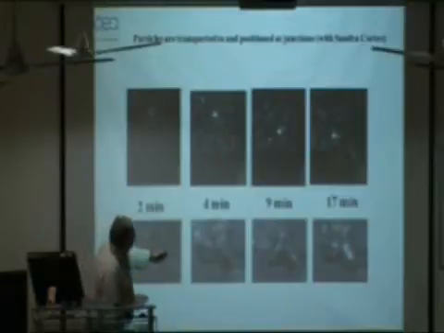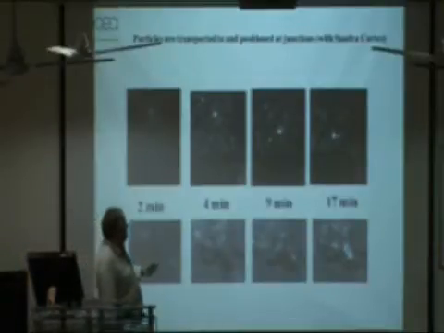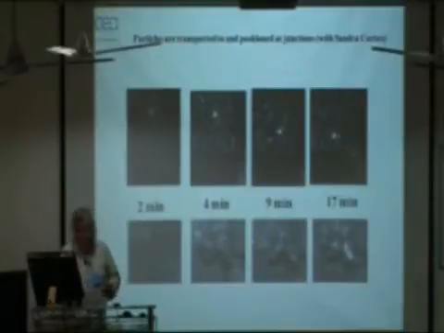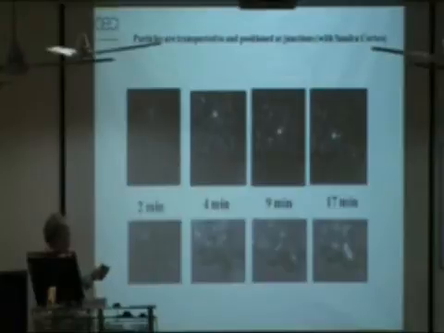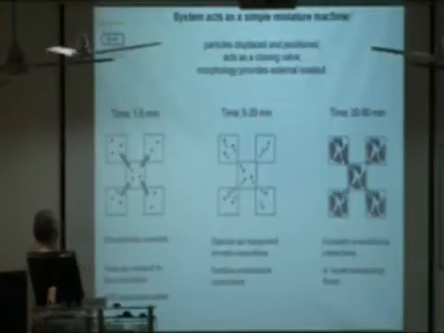If you look at the junction, you see the particles are progressively accumulating at the junction, attenuating, preventing communication between the geometrical parts of the ensemble. And so what we've got here is quite sophisticated behaviour.